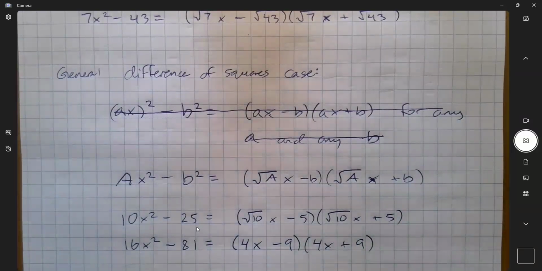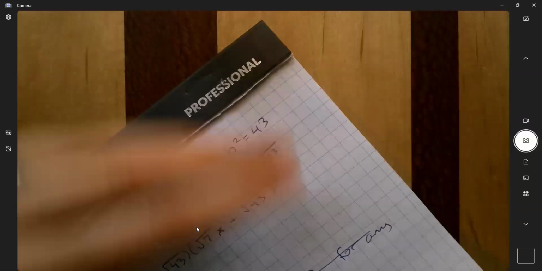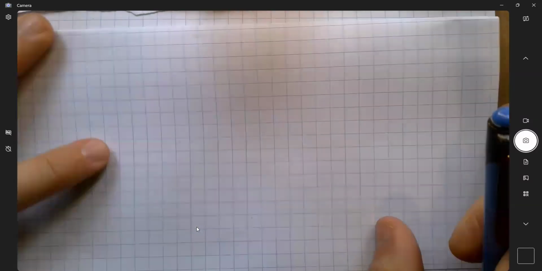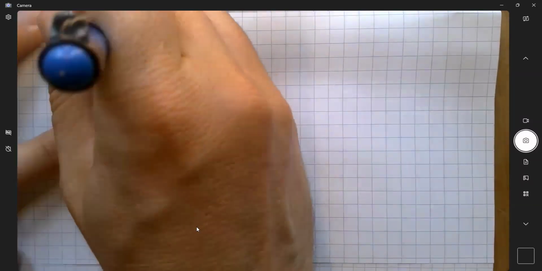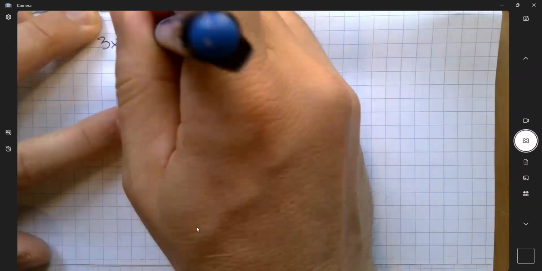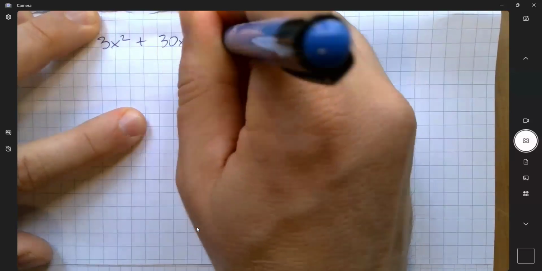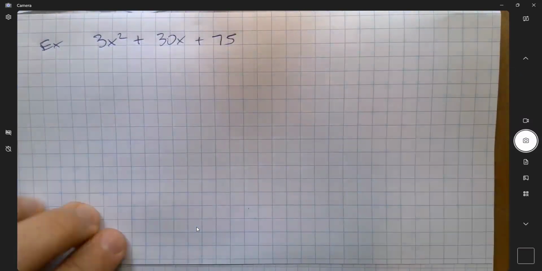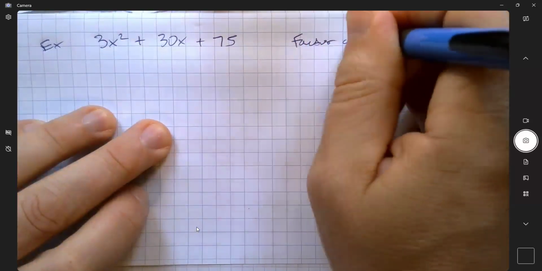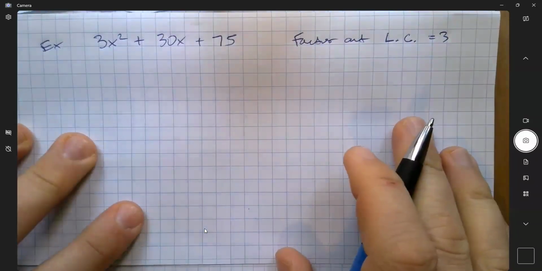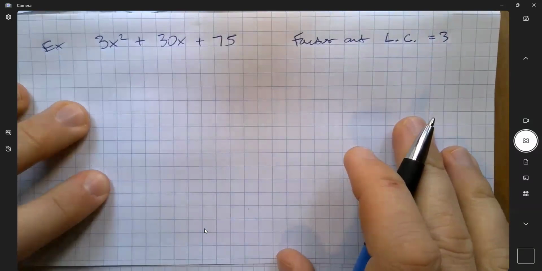Okay, so that's how we expand our difference of squares. We can do a similar thing with our special case number 1, but I don't really think it's worth the effort. If I have something like 3x squared plus 30x plus 75, I could do some mental gymnastics and try to figure all that out, but instead, let's factor out the leading coefficient, which is 3 in this case. I think I did this right.